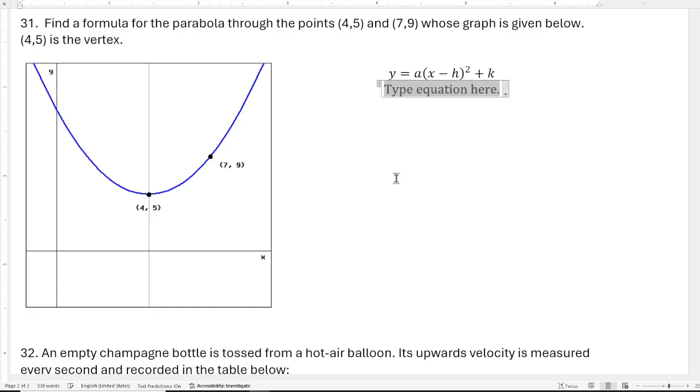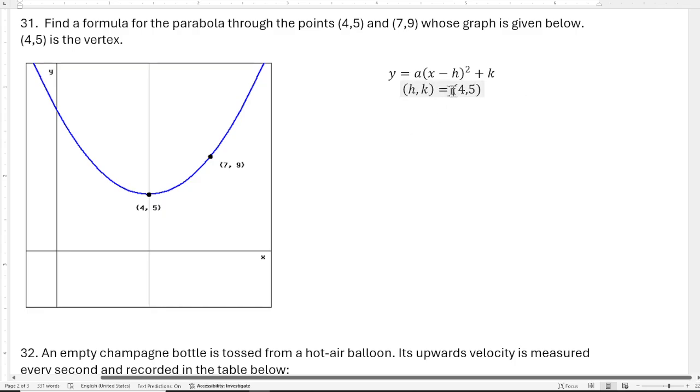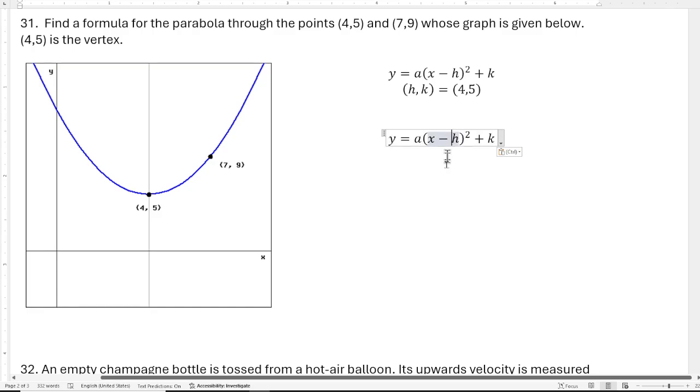And since (h, k) is our vertex, which is (4, 5), we can set h as 4 and k as 5 and rewrite this in that form.